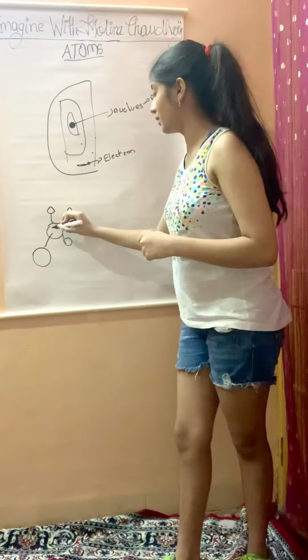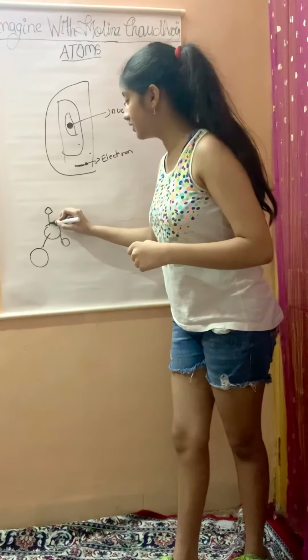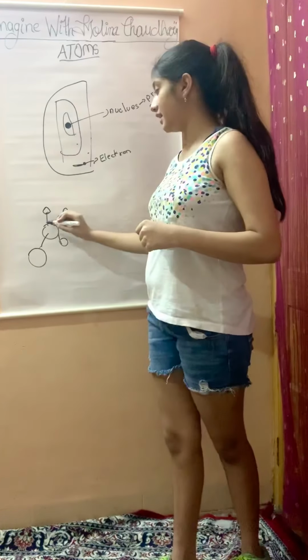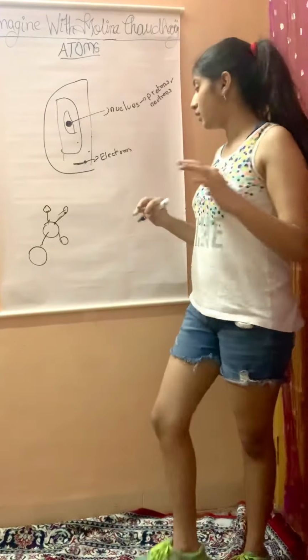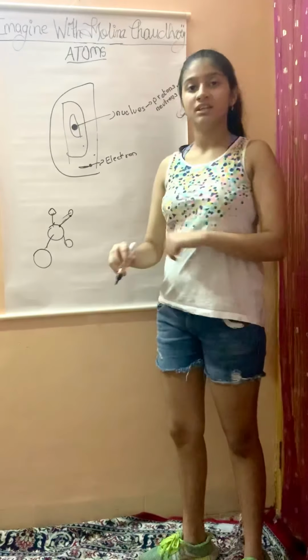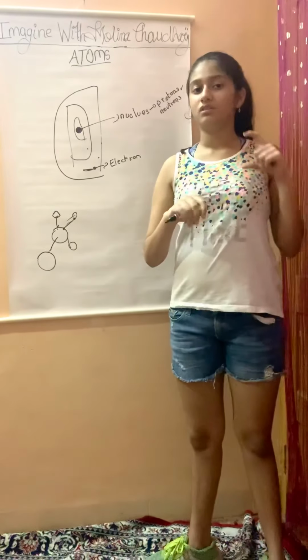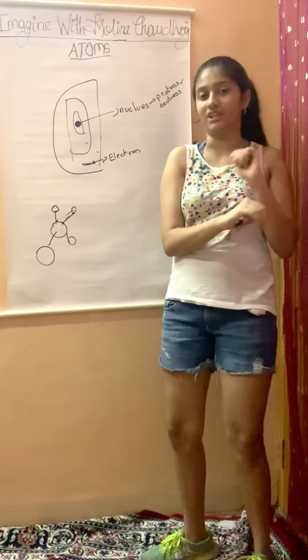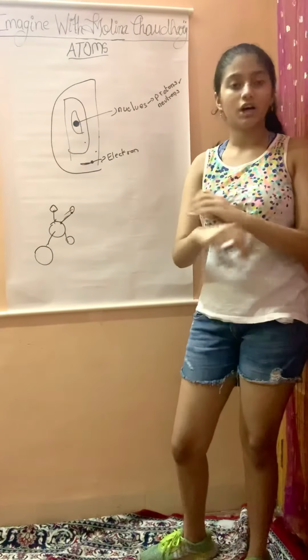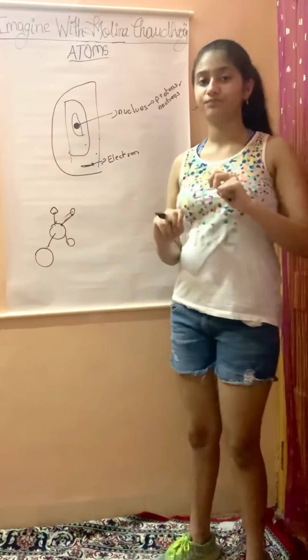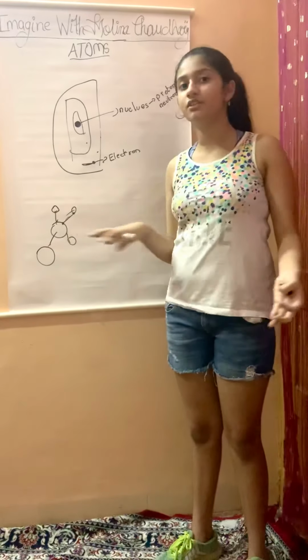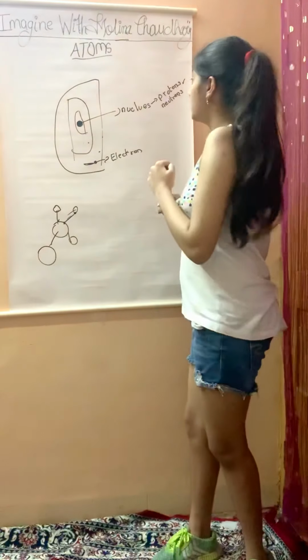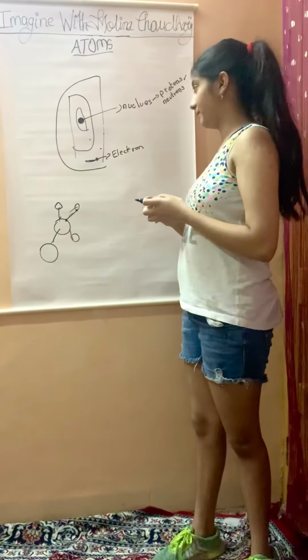Then they get connected to another, so they get a larger molecule, and like this, molecules make up many things. You can say a piece of wood is made up of thousands and thousands of molecules and millions of atoms.